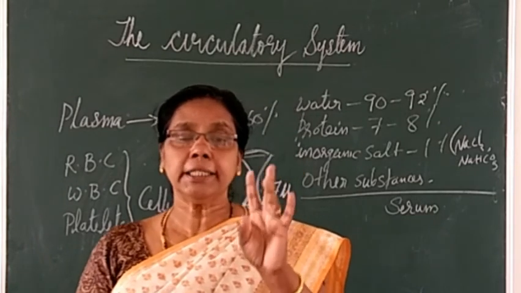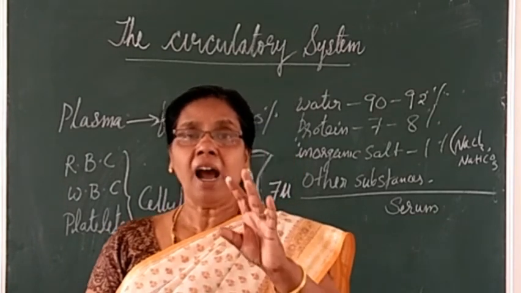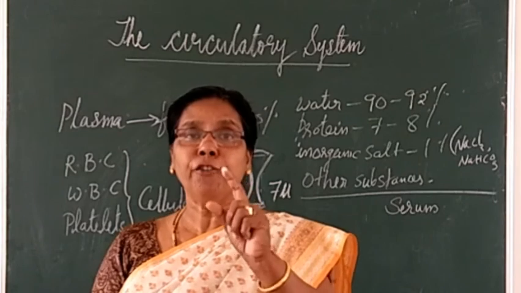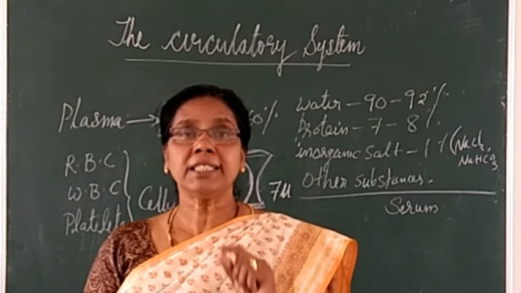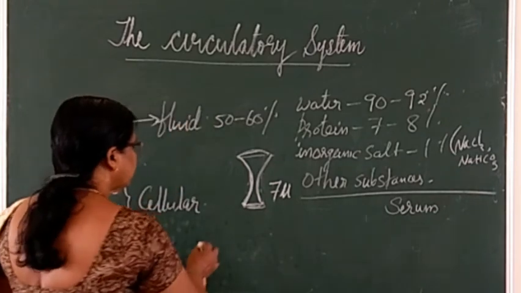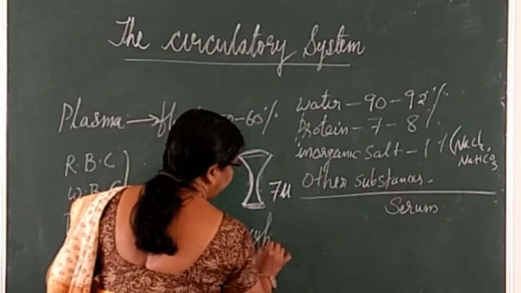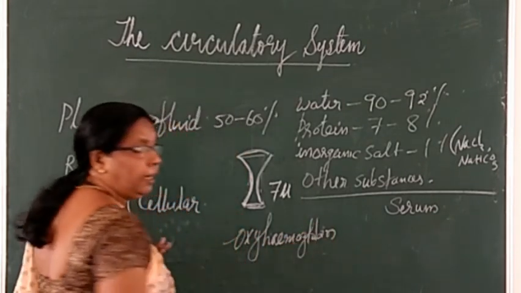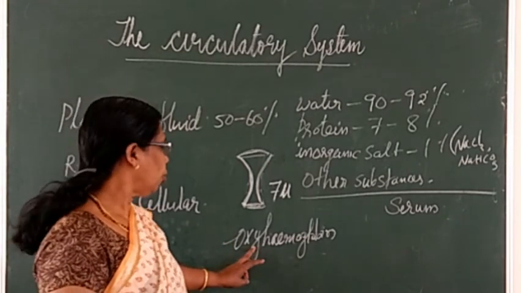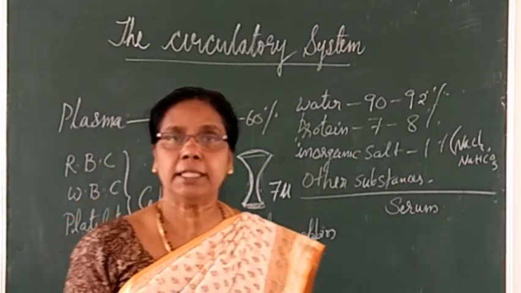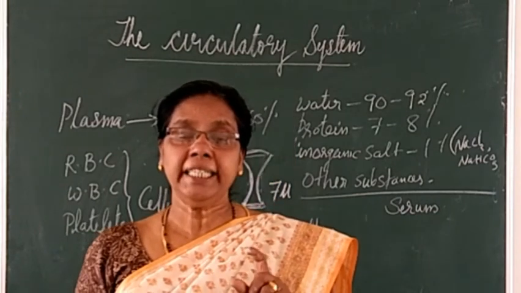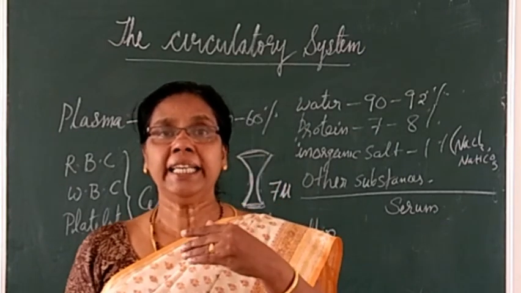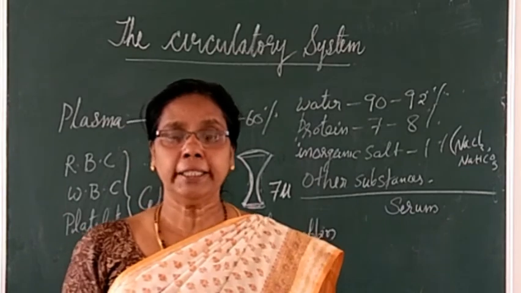Hemoglobin has the ability to readily combine with oxygen and form a substance called oxyhemoglobin. Oxyhemoglobin is an unstable compound, so it gives up oxygen to all the tissues and cells.